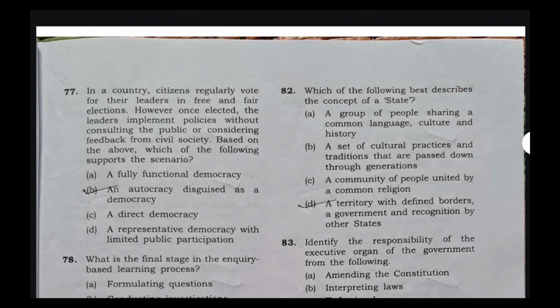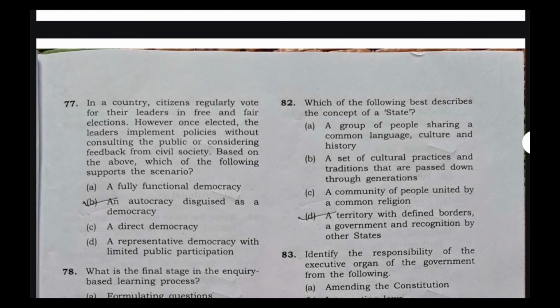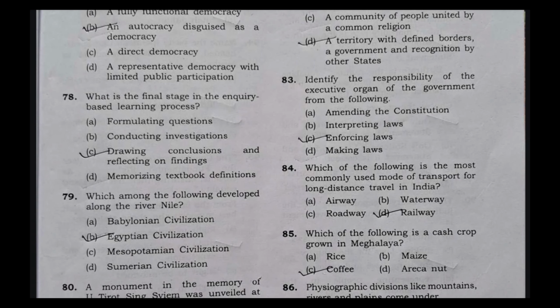The next is 82. Which of the following best describes the concept of a state? The answer is option D, a territory with defined borders, a government, and recognition by other states. Number 83.